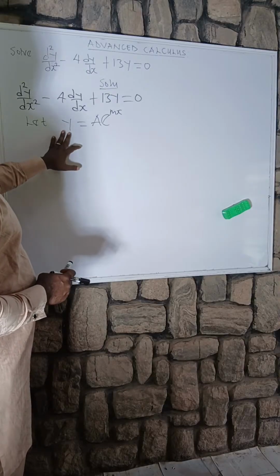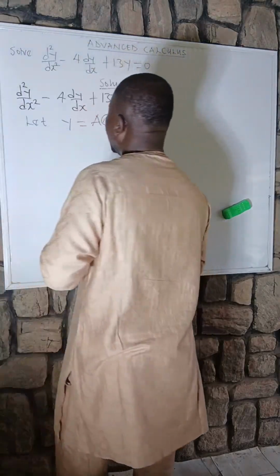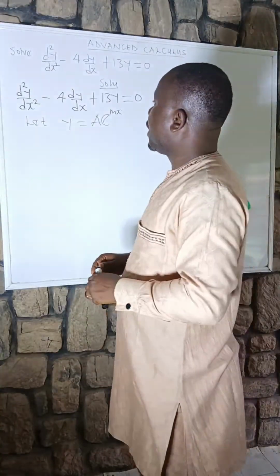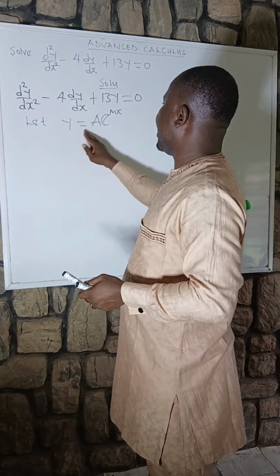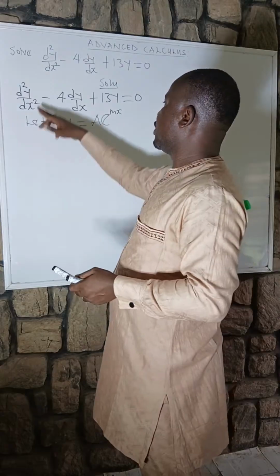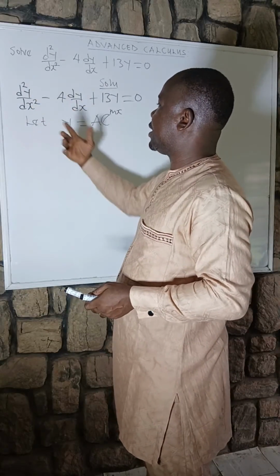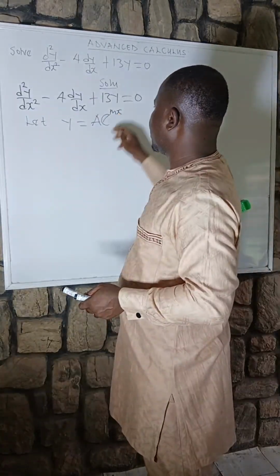In this differential equation, the dependent and independent variables are y and x, which is why you let y equal this. But supposing the variables were t and x, you would let t equal exponential mx.